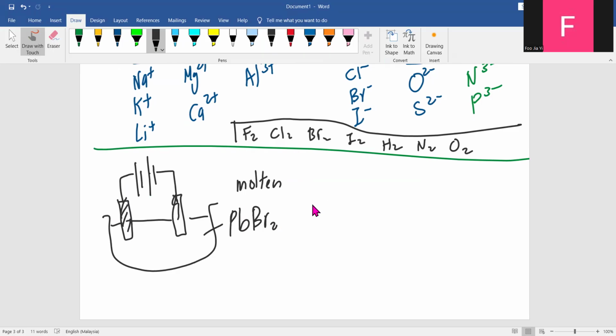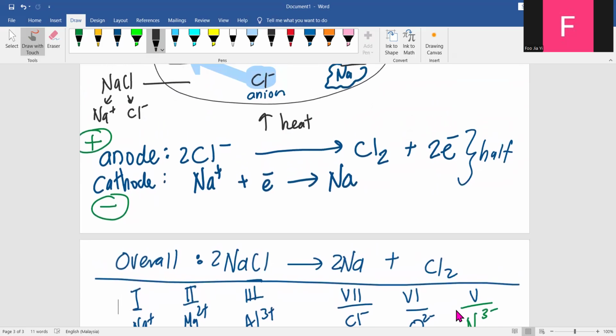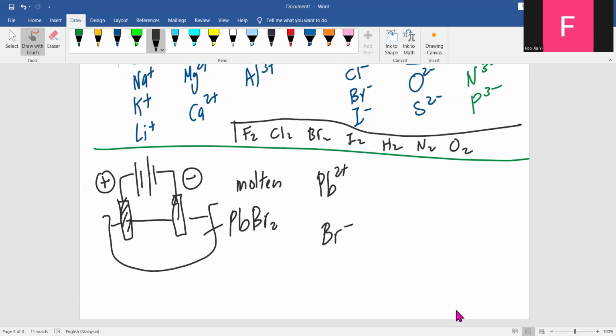Now, this is positive, this is negative. You will have lead ions and bromide ions. Okay, please write the two half equations now. Lead ion is the cation. It will go to the cathode. Bromide is the anion. It will go to the anode and will react there. Exactly the same as this. Write down the half equation for anode and cathode.